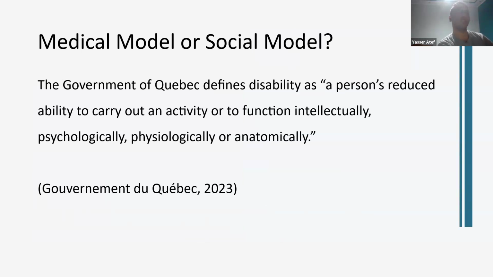The first definition is the government of Quebec's in Canada, which defines disability as a person's reduced ability to carry out an activity, to function intellectually, psychologically, or anatomically.